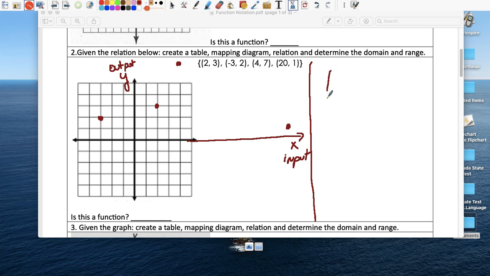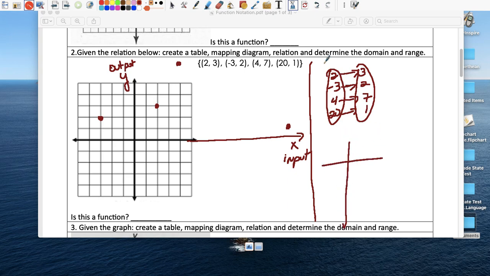So let's do a map first. We had 2, negative 3, 4, and 20. 2 went to 3, negative 3 went to 2, 4 went to 7, and 20 went to 1. So for every single input, there's only one output. Oh, I forgot, this is my input, this is my output.